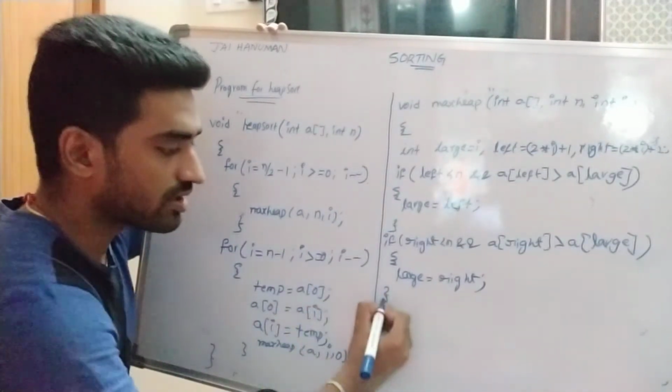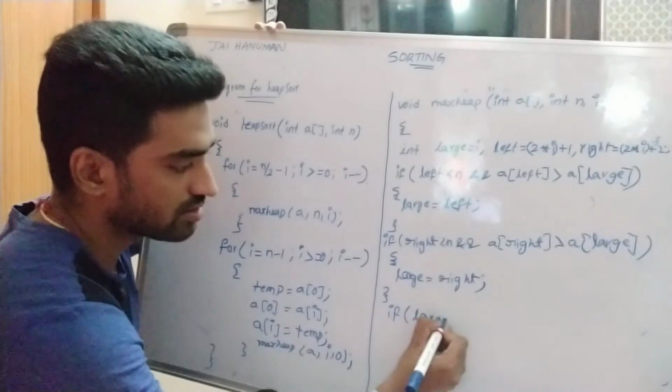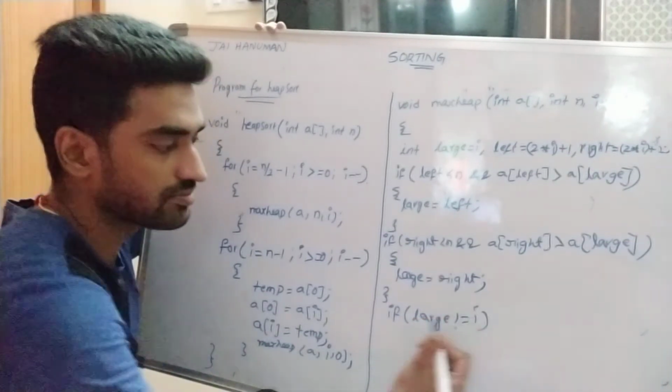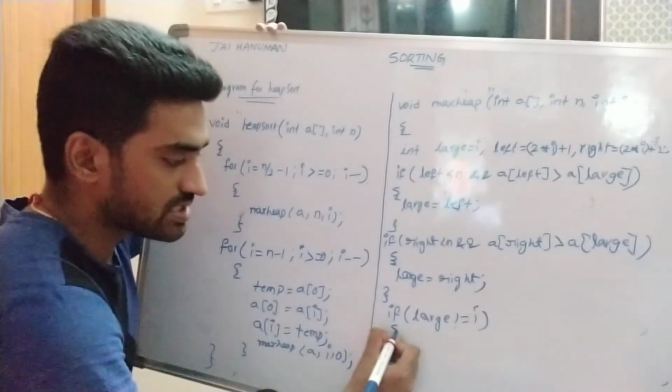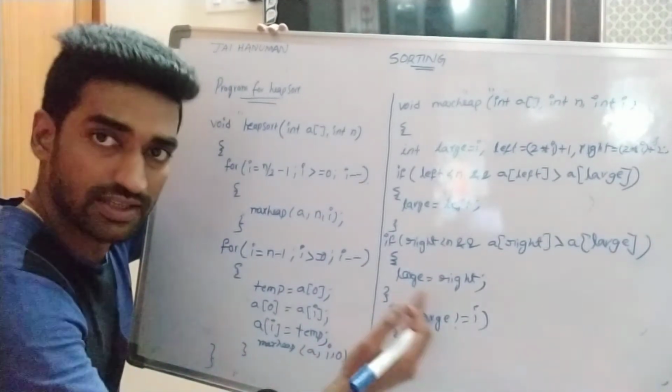Again we are checking one more condition. If large not equal to i, we can swap. So what is the swapping? a of i and a of large.